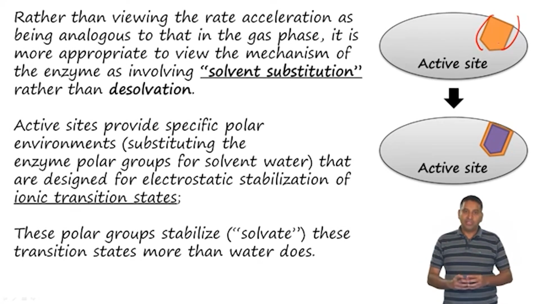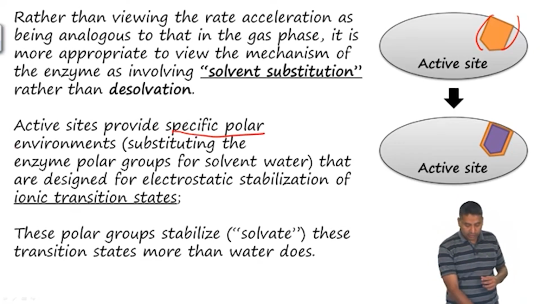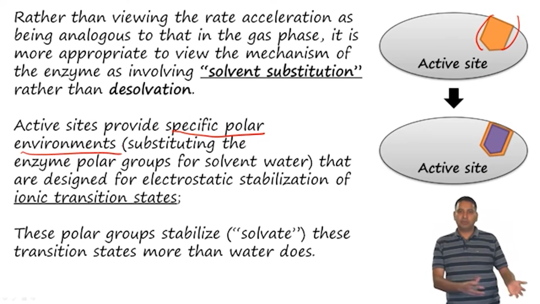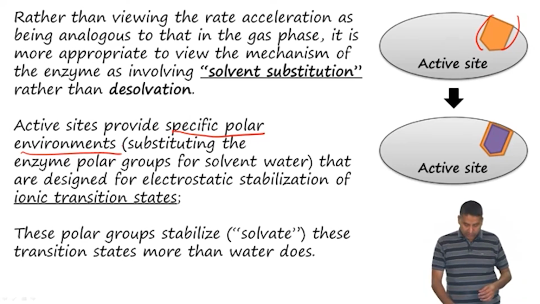These provide specific polar environments in the area, and so instead of thinking about a gas phase, we can instead think about solvent substitution, in this case substitution by a polar environment created by the active site residues. So, it is perhaps more appropriate to think about this as a solvent substitution rather than desolvation.